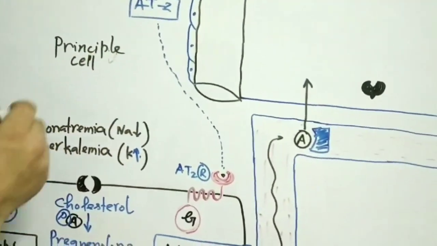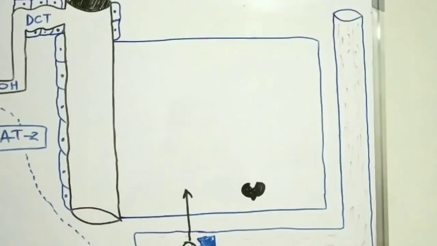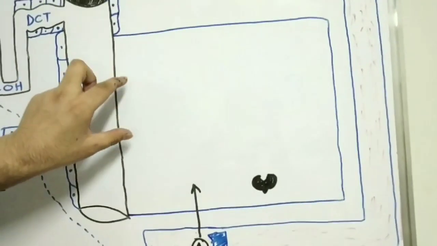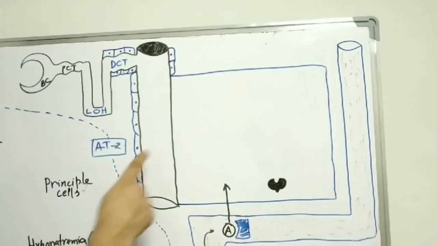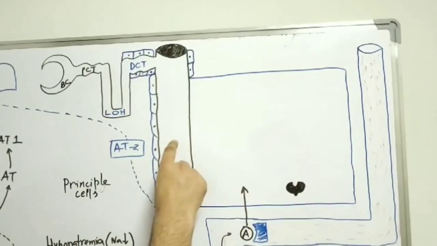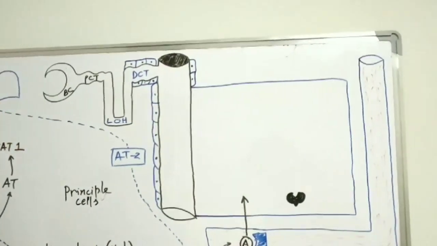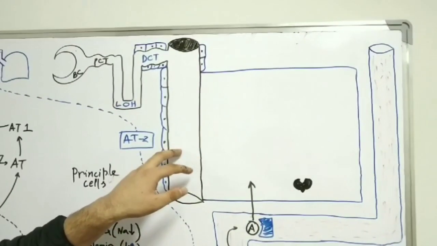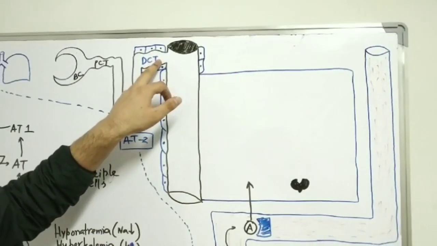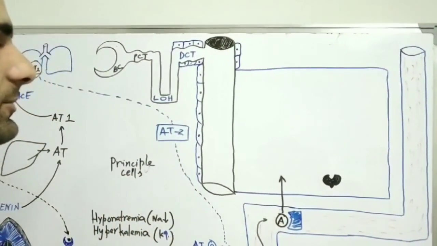Okay, now look here. Here I have zoomed out one principal cell of the collecting duct. Now this aldosterone is going to act on the cells of the collecting duct and distal convoluted tubule, we can say it will act on principal cells.